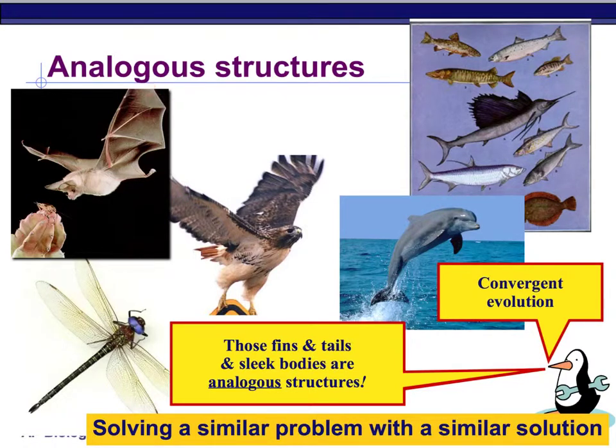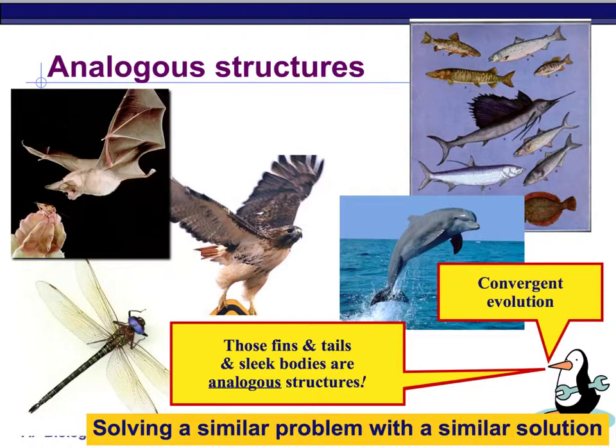So our bat has wings, our bird has wings, and this dragonfly has wings. The issue they're trying to solve is how do I get from place to place? They all chose to do it with wings, but these animals aren't necessarily related to each other. So they have the same feature, it's used for the same process, but it's on individual species that are not and never will be related to each other.